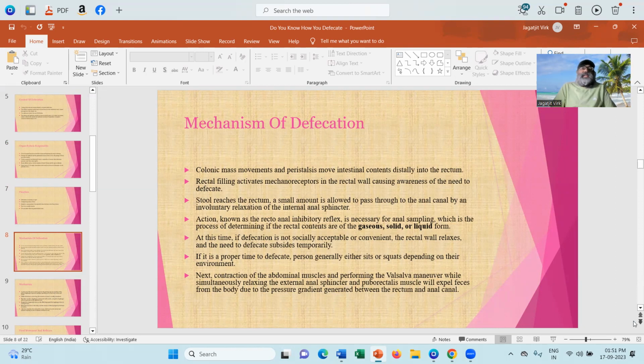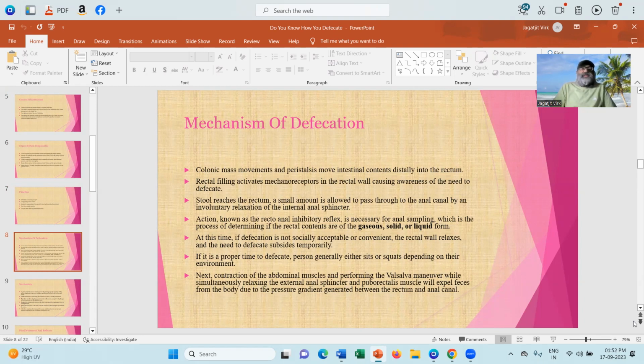This action, known as the recto-anal inhibitory reflex, is necessary for anal sampling, which is the process of determining if the rectal contents are of the gaseous, solid, or liquid form. So we can know whether to pass it or not.